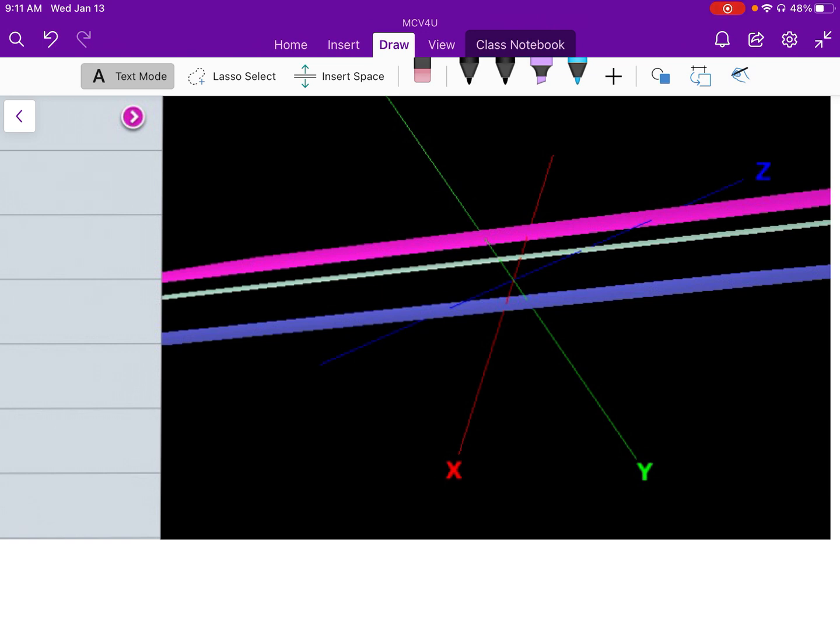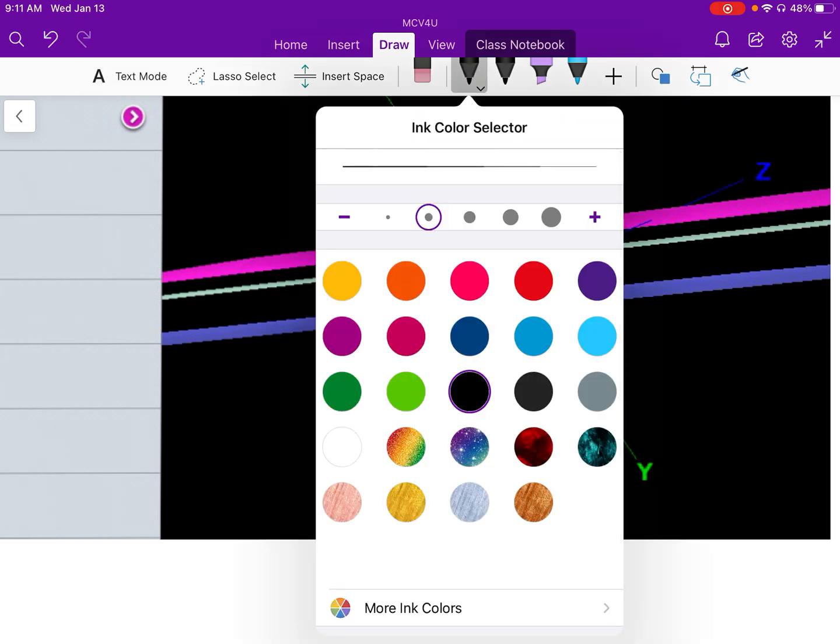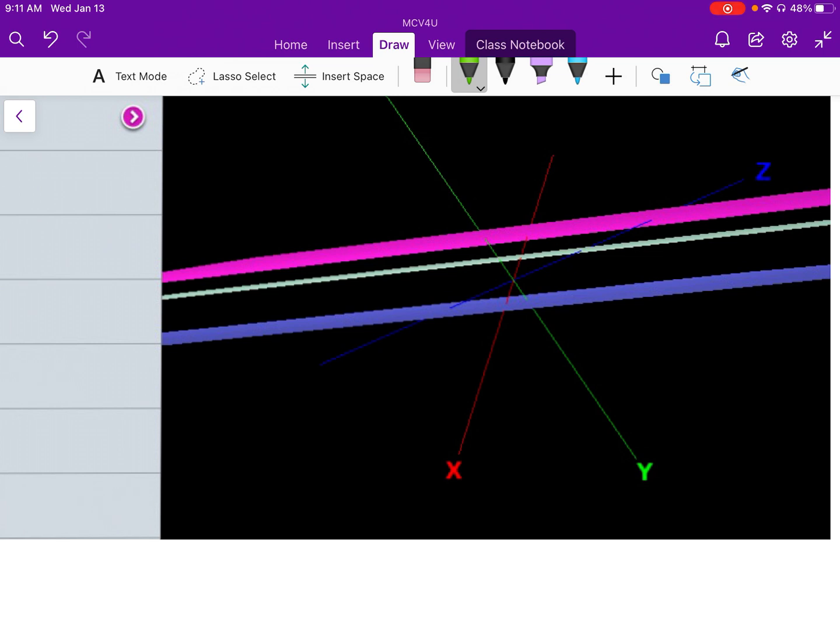What you would note about these three parallel planes is that for each of these, you're going to have a normal vector. Since the planes are parallel, each of these vectors are scalar multiples of each other.